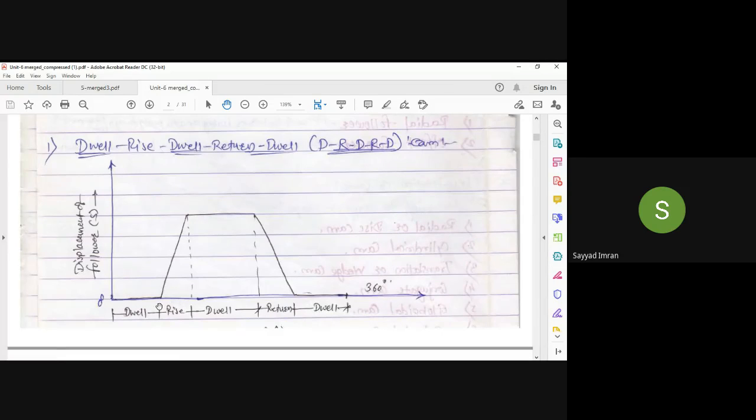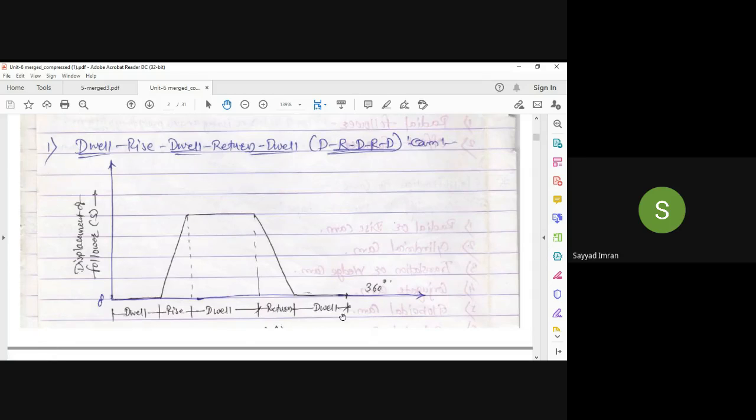So we can find here there is a dwell. Dwell is nothing but zero movement, so there is no movement of the follower here. After this, the follower movement is increasing, so there is upward movement of the follower. This is called rise. Then again you can find there is zero movement of the follower. This is again dwell. Then here you can find there is a downward movement of the follower. This is return, and again there is zero movement of the follower.